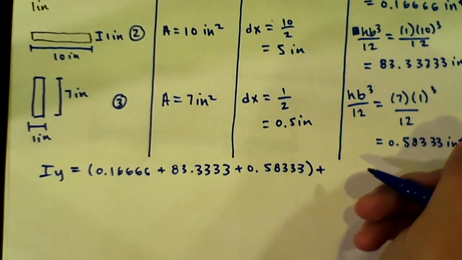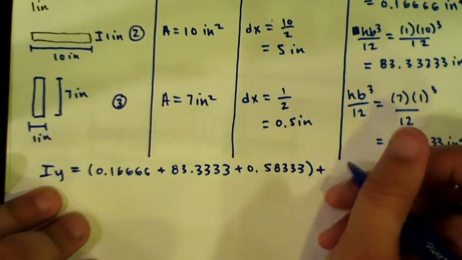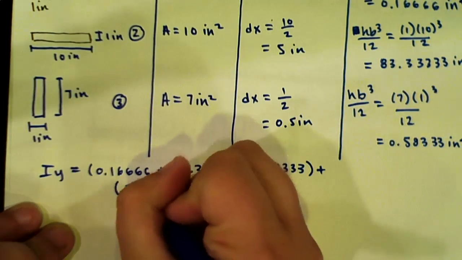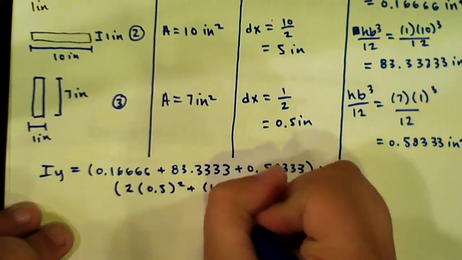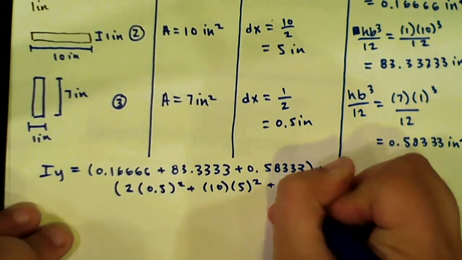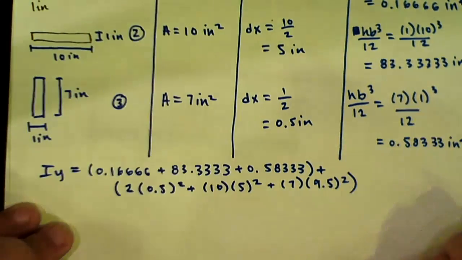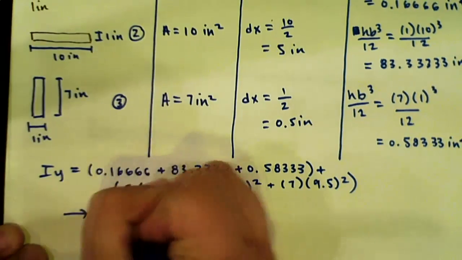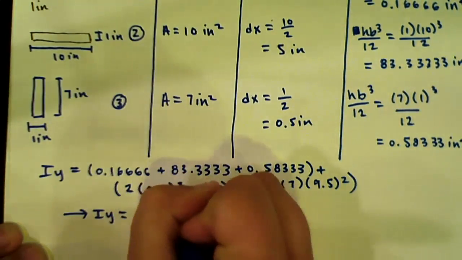And then add that to our 2 times 0.5 squared plus 10 times 5 squared plus 7 times 9.5 squared. And after you do all the algebra, your final answer is going to be Iy is equal to 966 inches to the 4th.